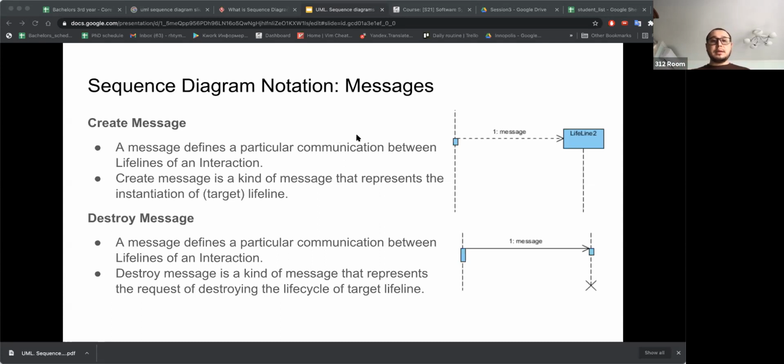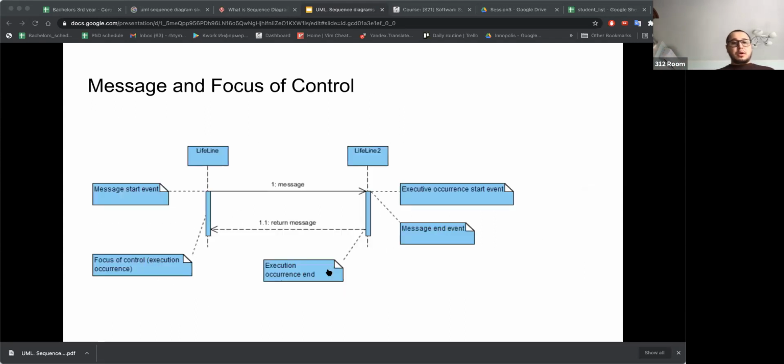Whenever this message is sent, another lifeline is created, and the opposite, a delete message, means that whenever it is sent to some target, the lifeline is destroyed. So this is basically how you can describe the life cycle of a particular operation.